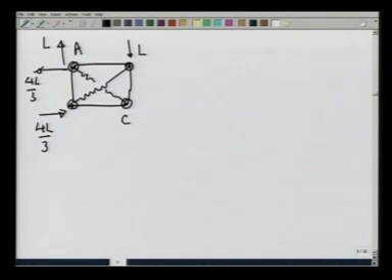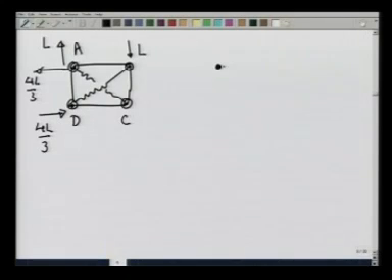This is point C, this is point D. Let us take the joint D or pin at D and see what the forces on D are. Now, we are really using the method of joints. Each joint we are going to bring into equilibrium by applied forces.